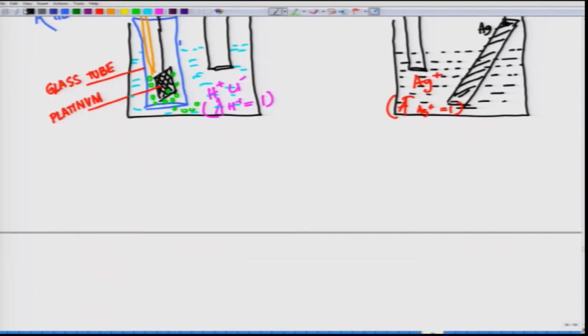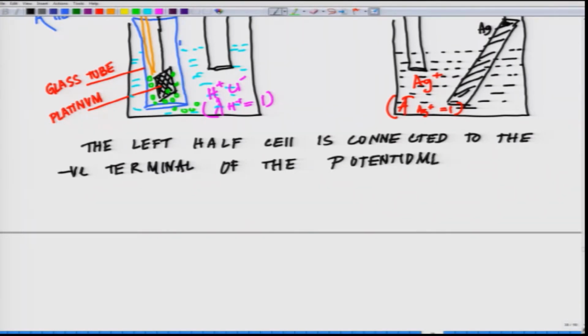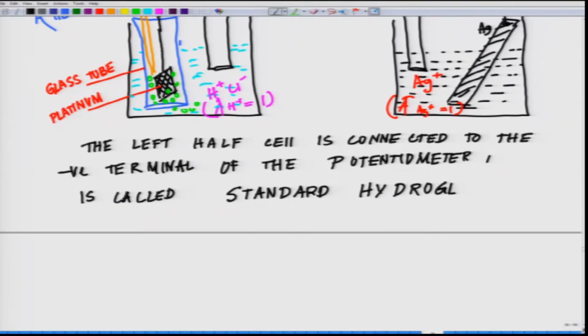What we have done here is, this is your left half cell, and it is connected to the negative terminal of the potentiometer, and this is called the standard hydrogen electrode, or SHE. Now, let us talk a little bit about SHE first.